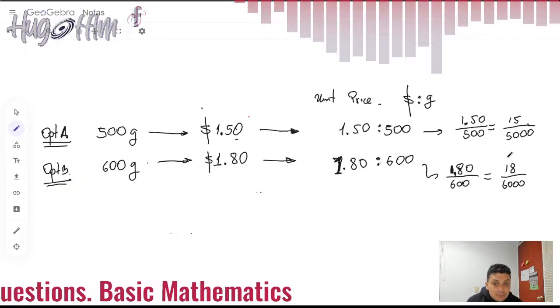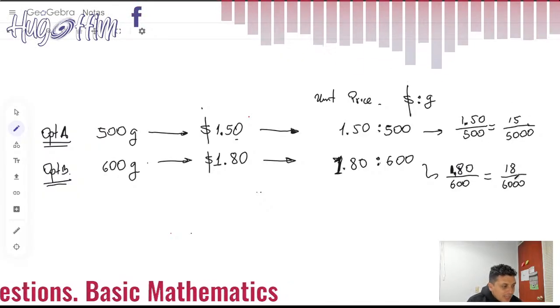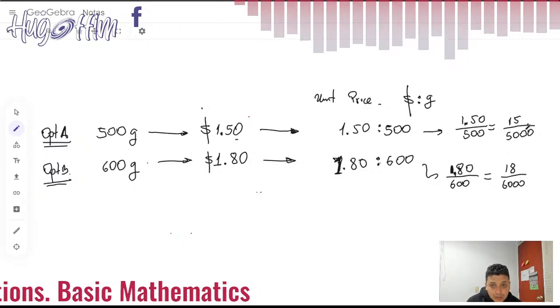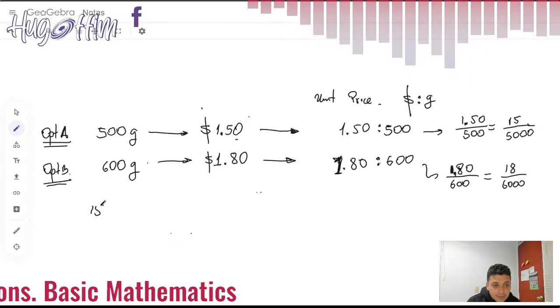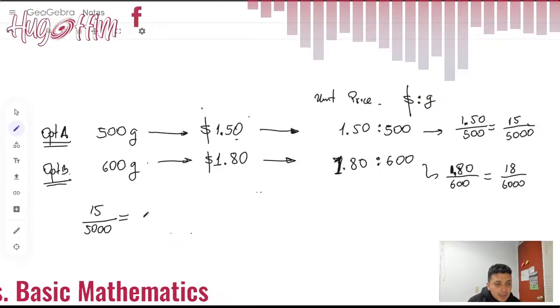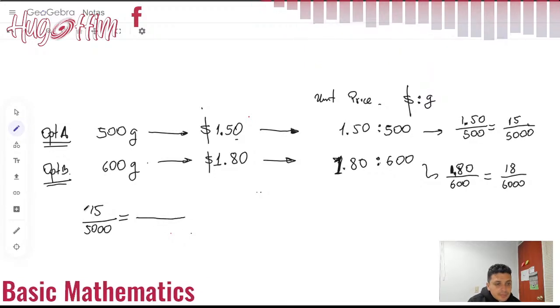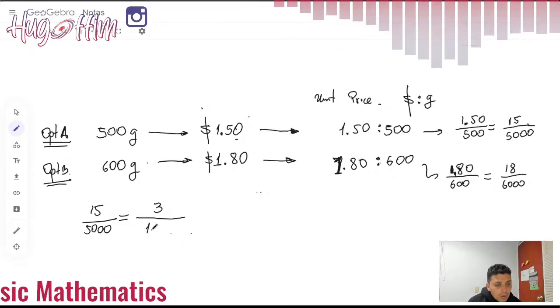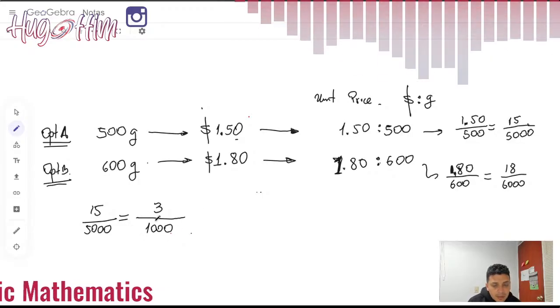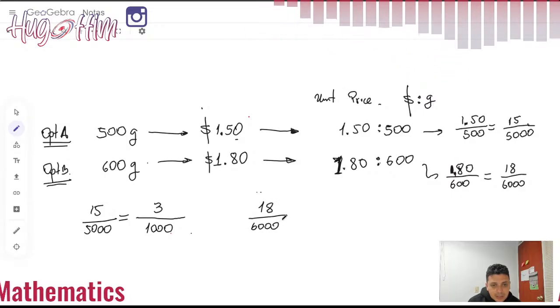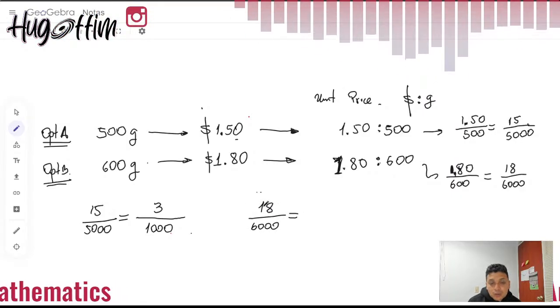I'm just giving you an example. I can simplify these two fractions. 15 over 5,000 gives me 3 over 1,000. I divide both by 5. And 18 over 6,000, I'm just going to divide by 6.